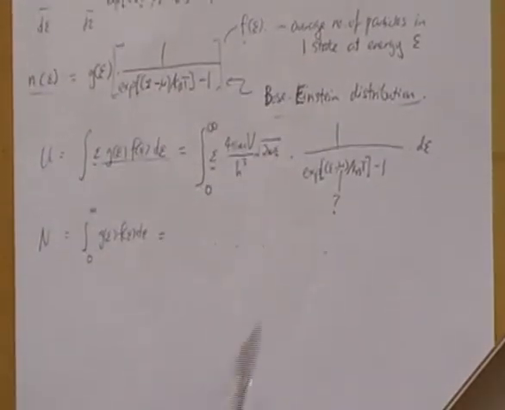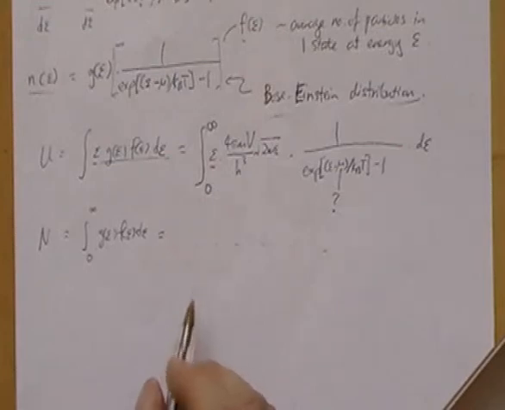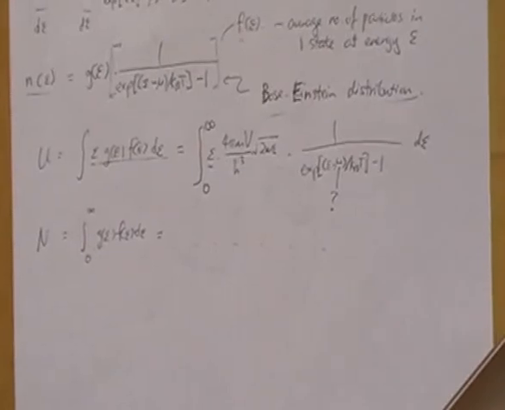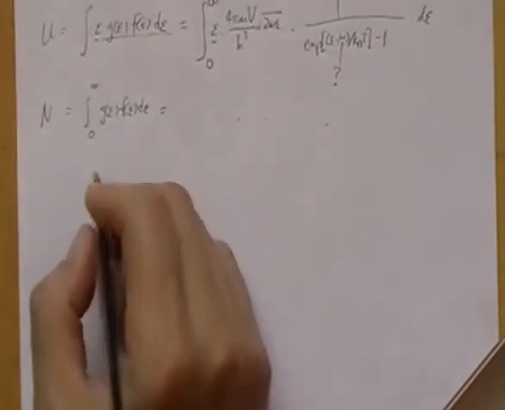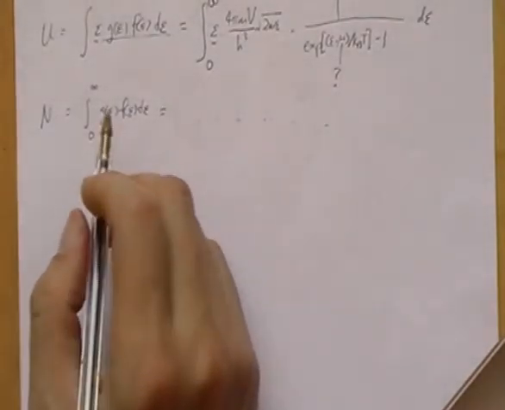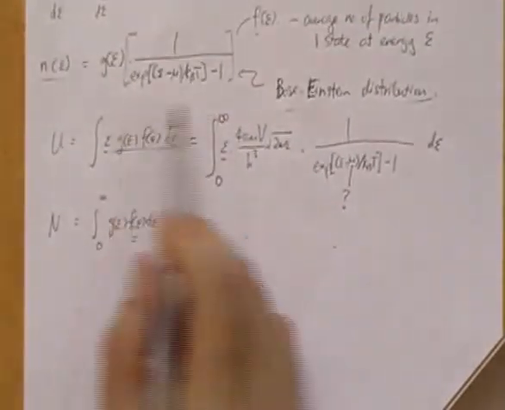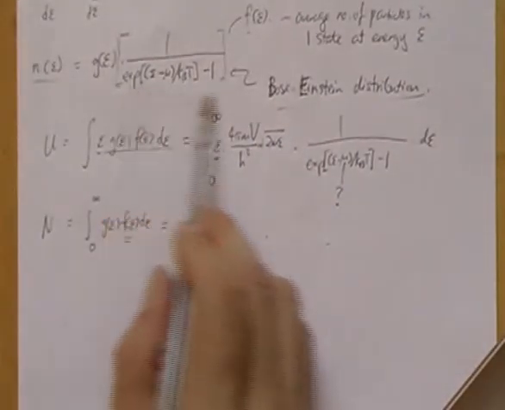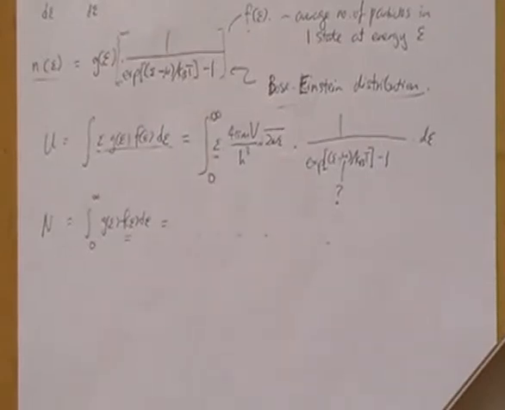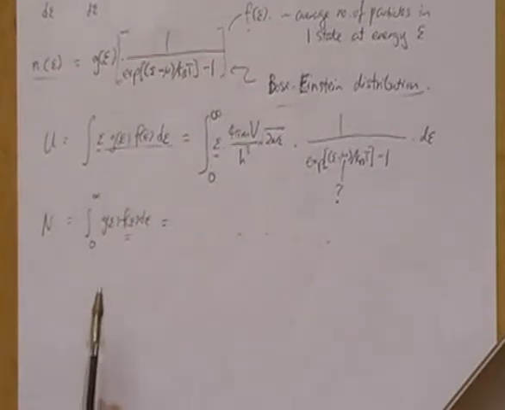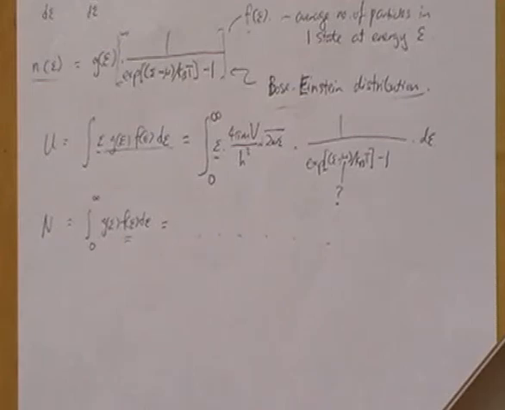So instead of trying to deal with this complex expression, what we could do is look at F(E), look at this Bose-Einstein distribution, and think about it physically. Think about what it means physically, and see if it can give us some idea that might help us to simplify the calculation.